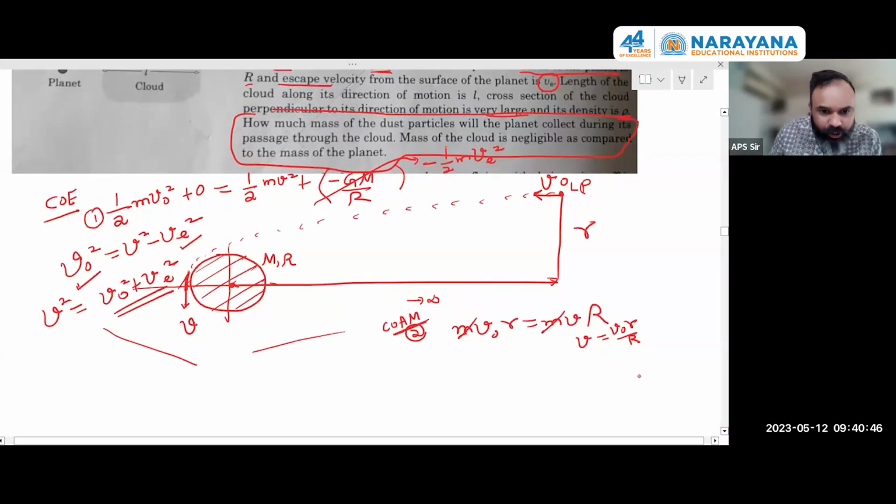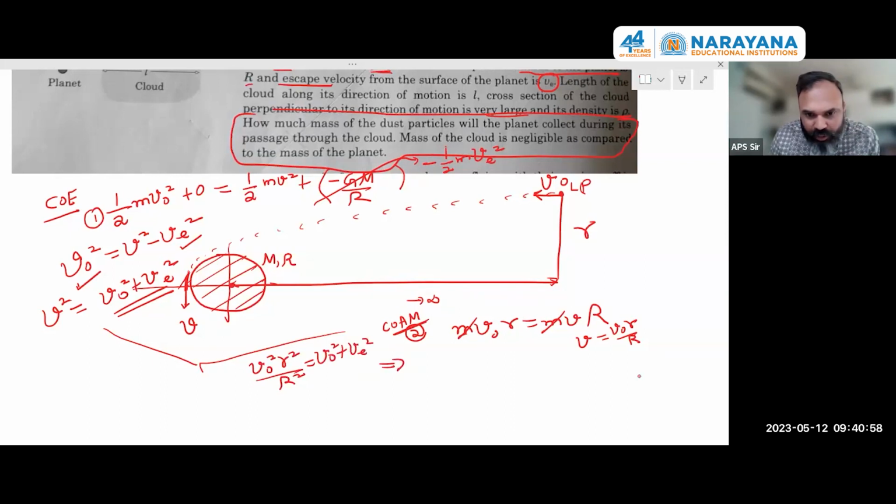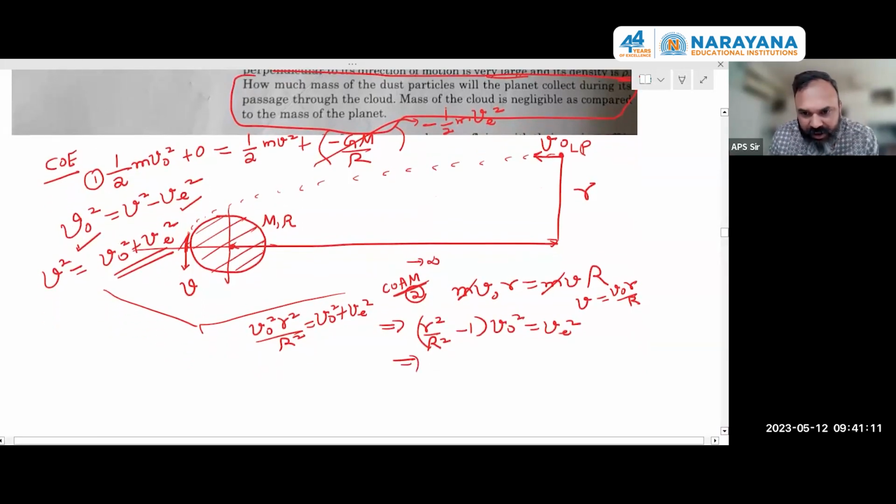My interest is to find r, so I will eliminate this. So it becomes v0 square small r square by capital R square is v0 square plus VE square. So basically r square is what I am expecting. So r square by capital R square minus 1, into v0 square, is equal to VE square. So you get r square as VE square by v0 square plus 1, into capital R square.